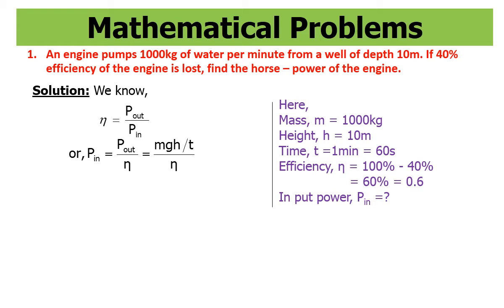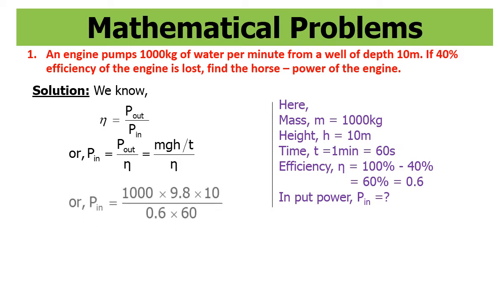Here we don't have the value of P output, so we have to calculate the P output by the formula mgh by t. We have already discussed that in our earlier lecture. So P output means mgh by t. m, g, h, t and eta are given.